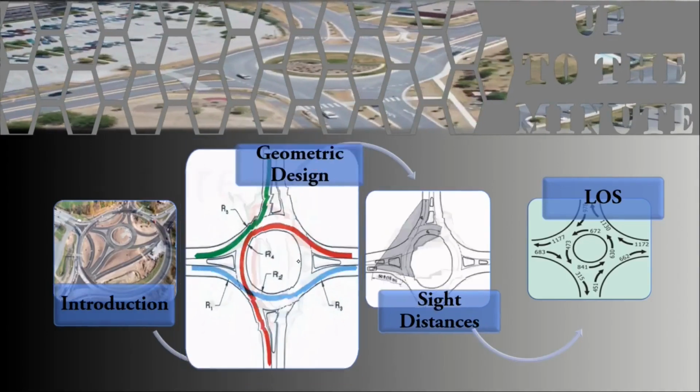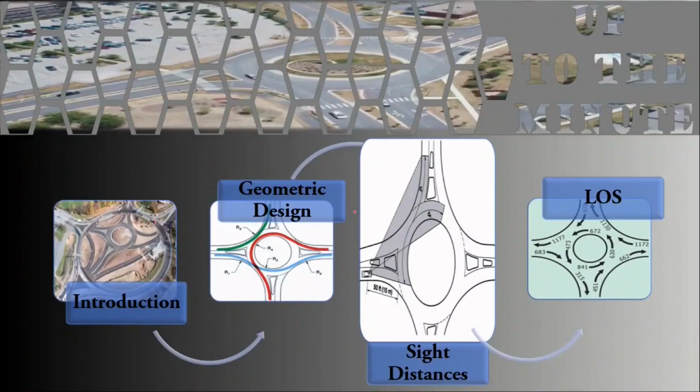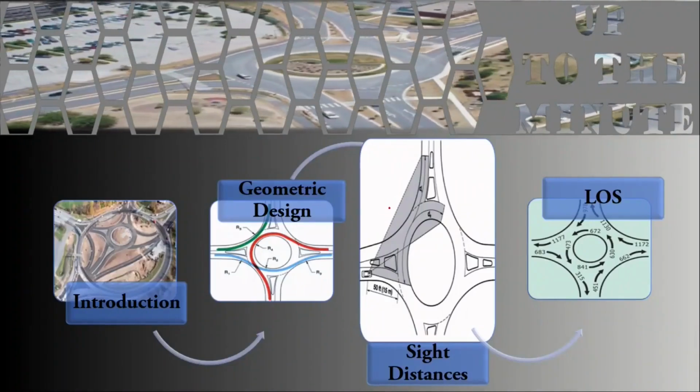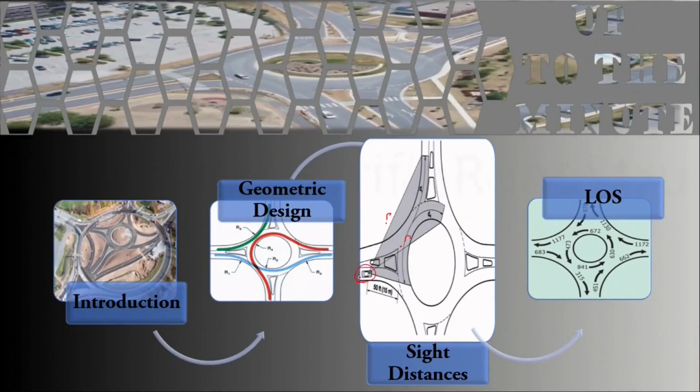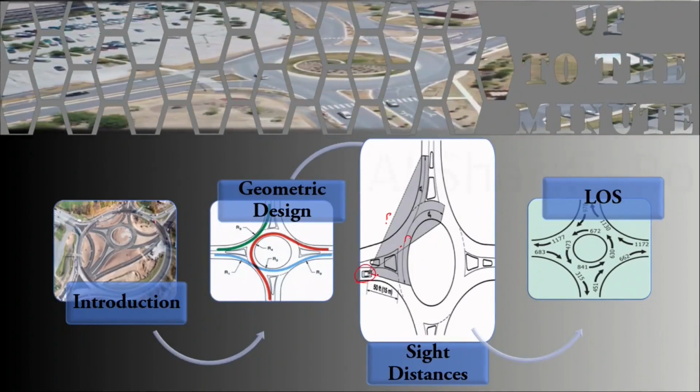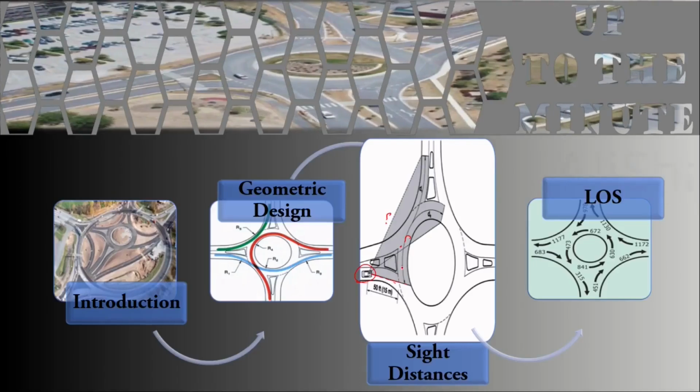It's also important to make sure there are enough clear distances along some different directions so a driver is given enough time to perceive and react to a conflicting vehicle on its path.